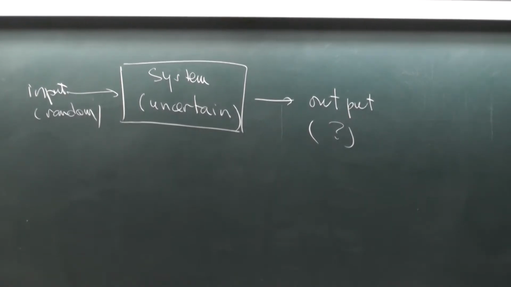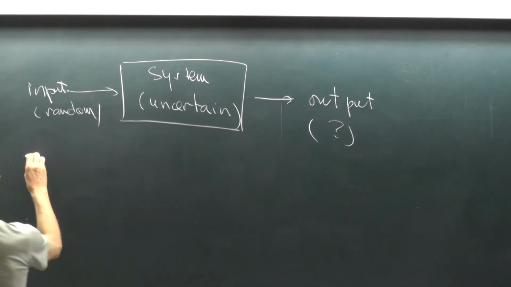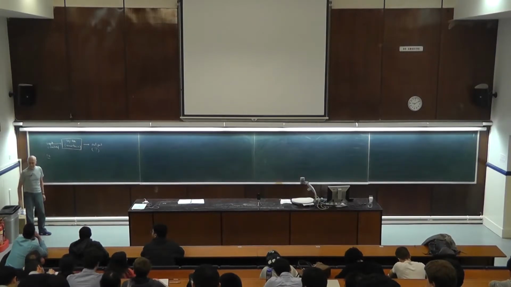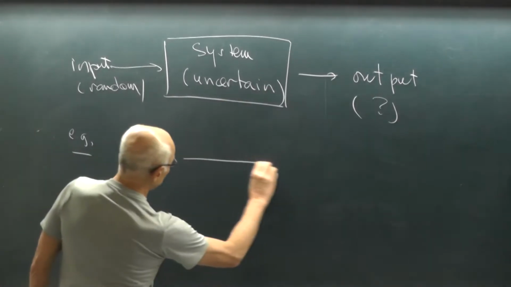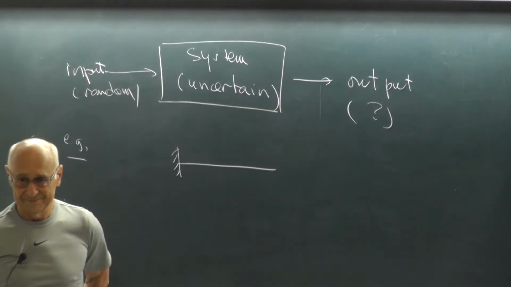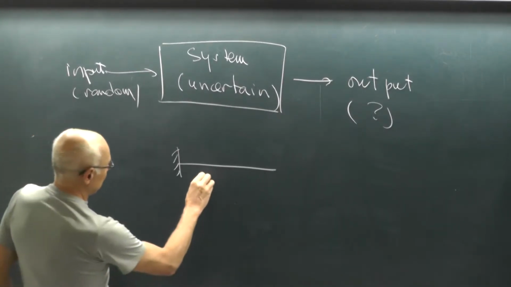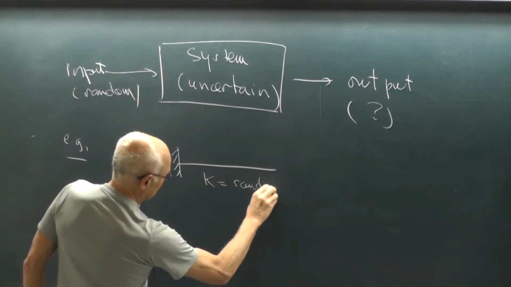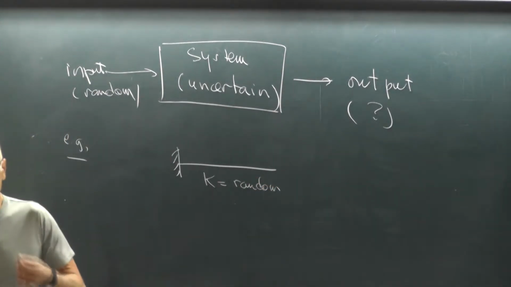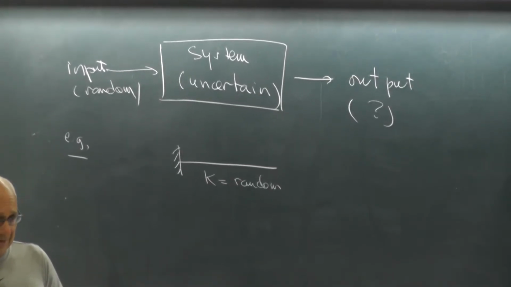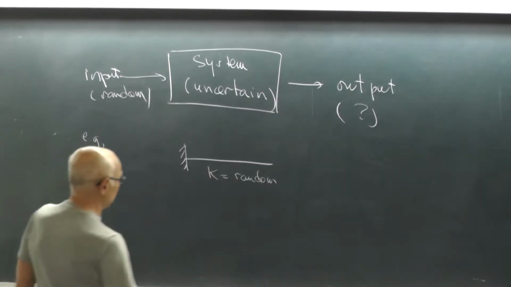Let me just give you an example to clarify this idea. This is a trivial example, but all of these examples are very useful. Suppose the system is this cantilever, and the stiffness is random. So these are the system properties. You don't know the stiffness precisely; you know it in a probabilistic setting.